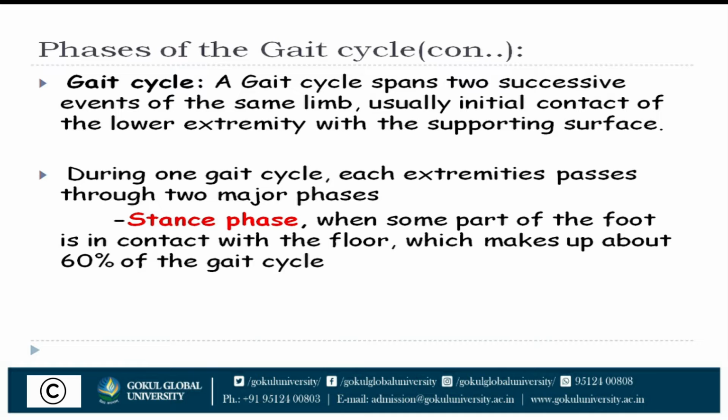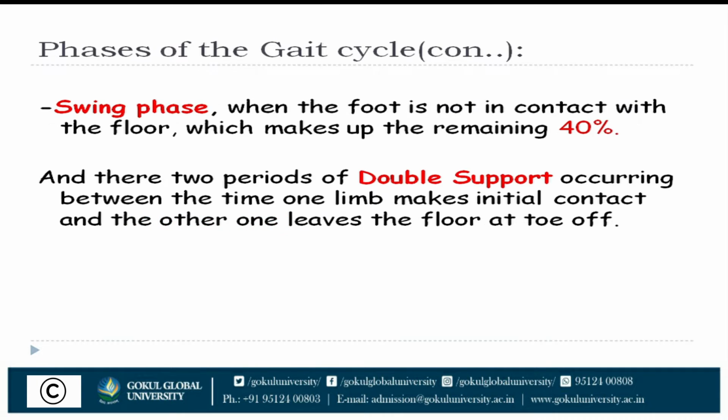Now what is stance phase? It is when some part of the foot is in contact with the floor, which makes up about 60% of the gait cycle. And what is swing phase? It is when the foot is not in contact with the floor, which makes up the remaining 40% of the gait cycle.